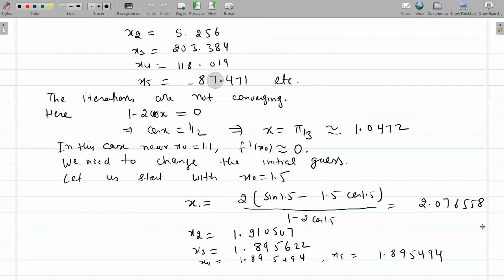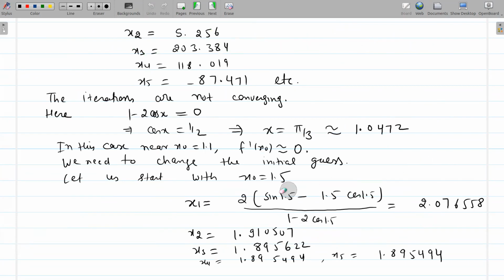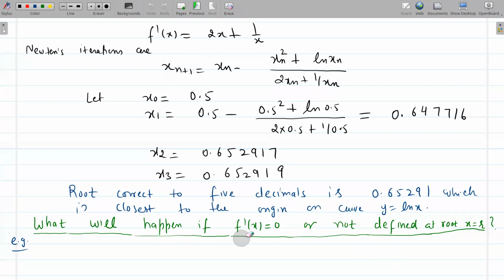In that problem, the derivative was 0 for the initial guess, but the root is 1.89. Okay, but at 1.89 it is well defined. So what I am saying is, what will happen if the derivative is 0 or not defined at the root? So let us take this example.